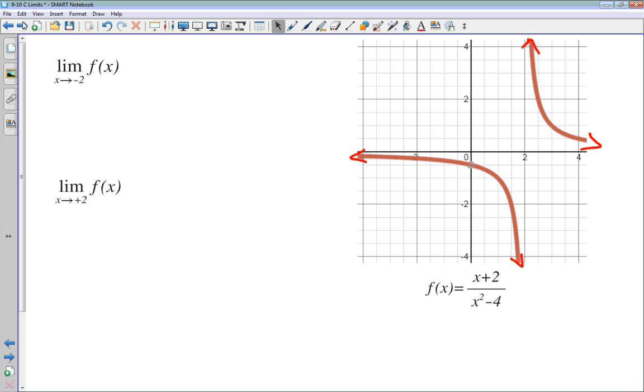So we want to find x equals -2, and we see that the function actually exists there. There's a point on the function that corresponds to x equals -2. Then we just verify: if we imagine starting on the left-hand side and moving that way, or starting on the right-hand side and moving that way, do the points that make up our function all seem to be heading towards the same value?